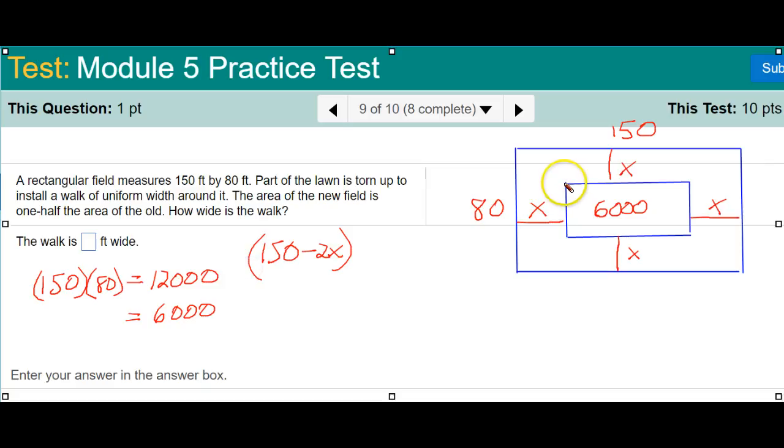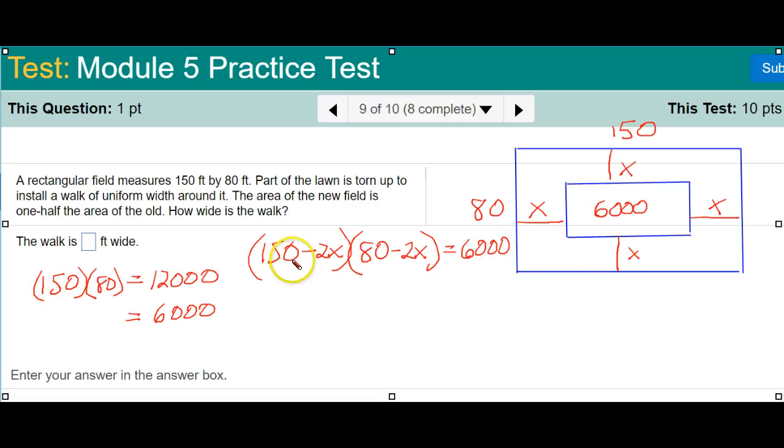That's the length, in a sense, of this one, these two x's here. And we're going to multiply that by 80 minus these two x's. It's the same. And that will equal 6,000.